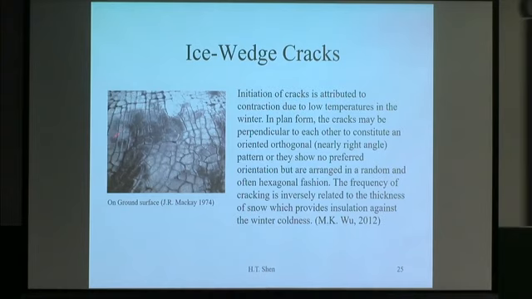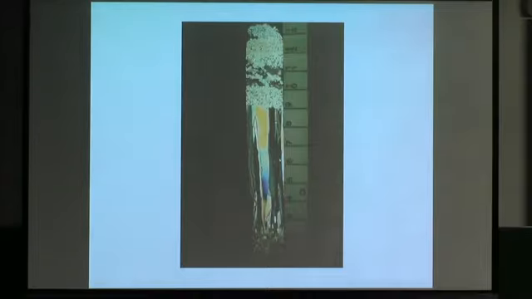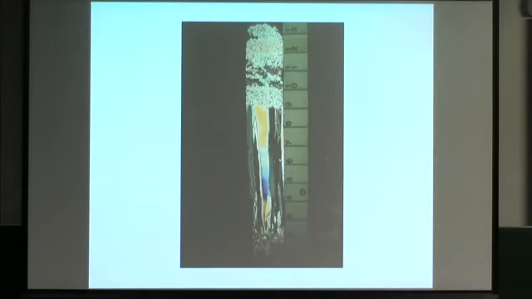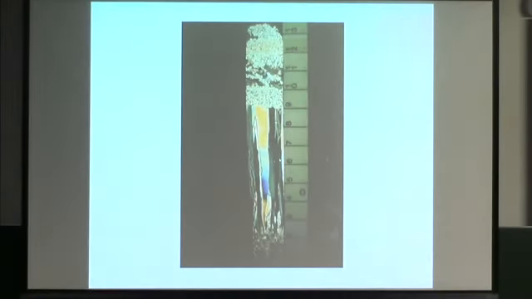What's the effect of this on breakup? I don't know. Maybe I can get some input from you. On a nice ice cover, if we cut a section through the depth, this is what we see. So in a way, this is the initial cover.